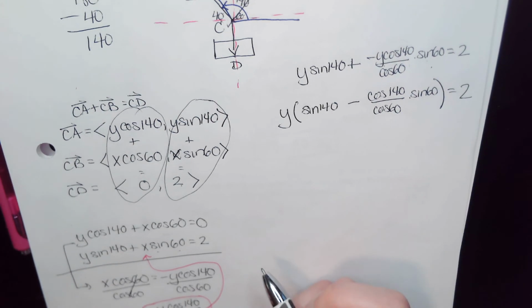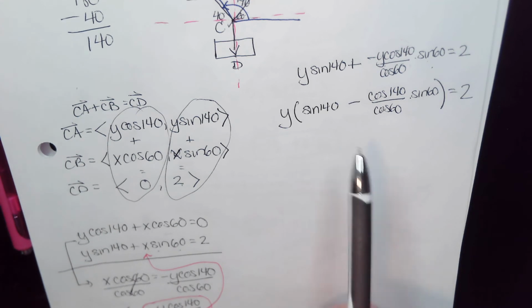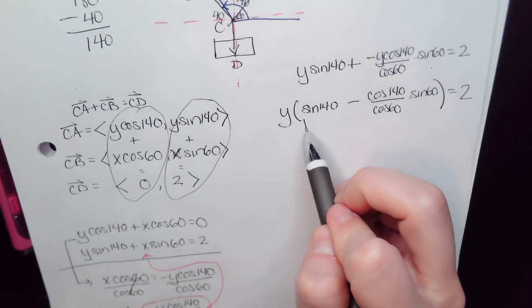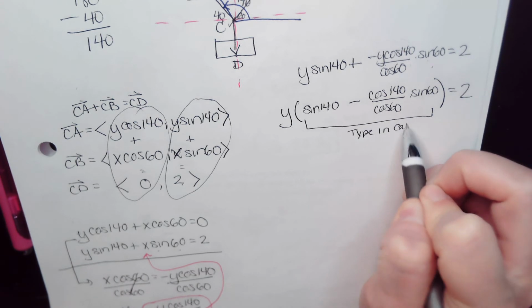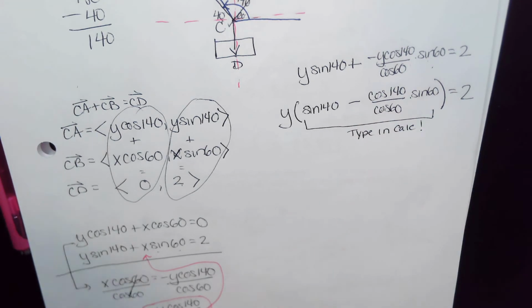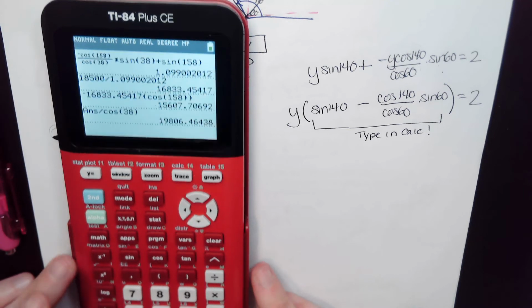All right, now from here, you're going to just type this whole thing into your calculator. If you haven't already, again, pause the video, do that now. Make sure you're in degree mode.